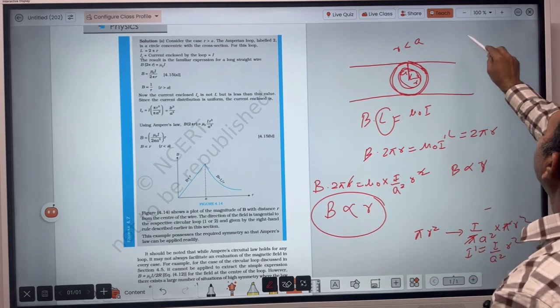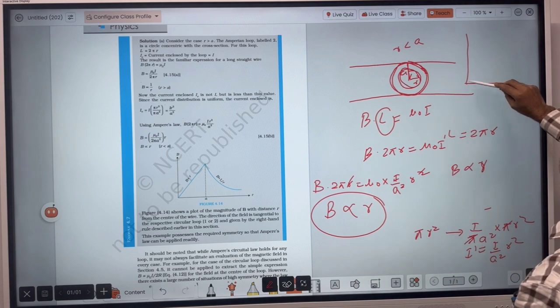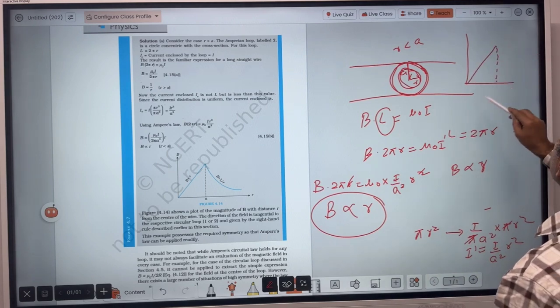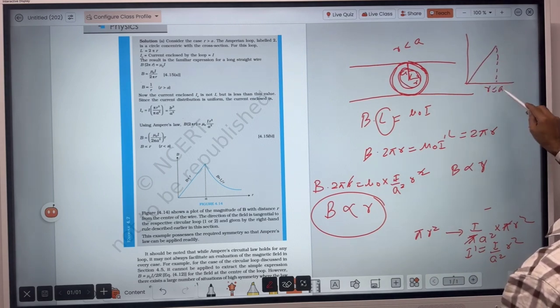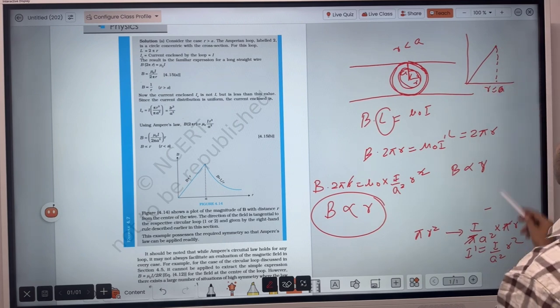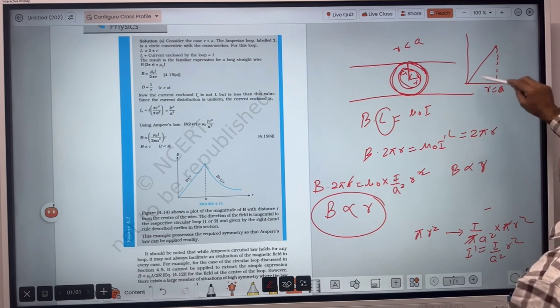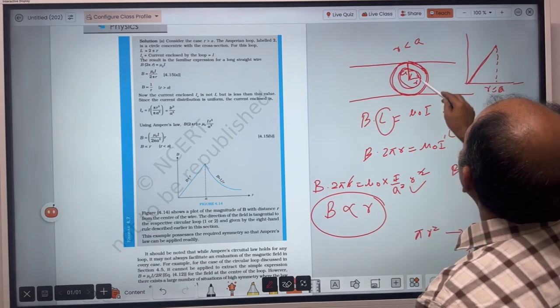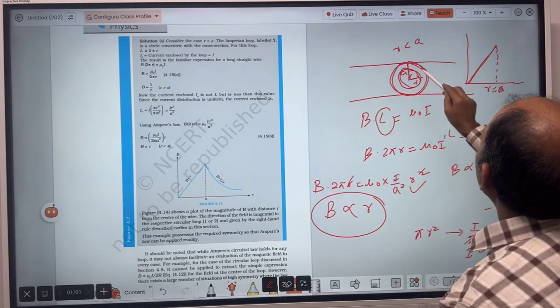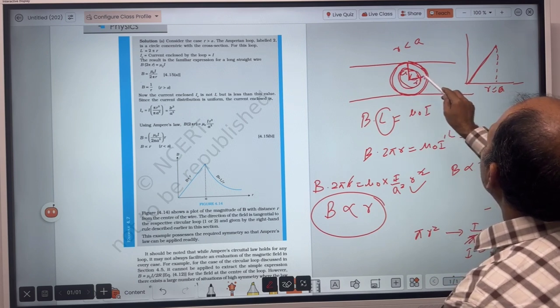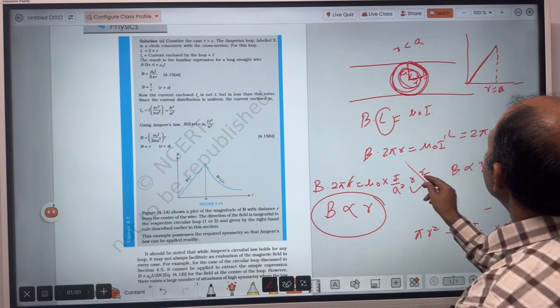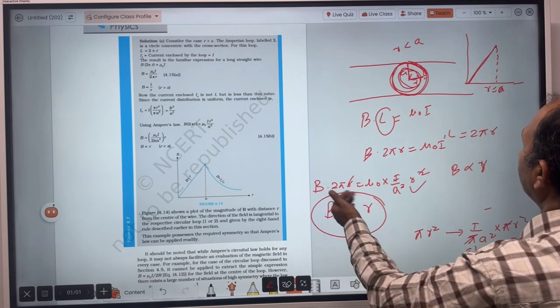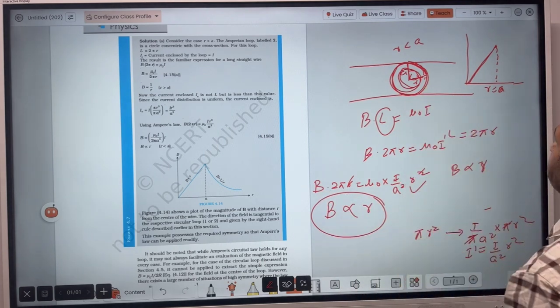If we plot the graph for inside, it will be a straight line till we reach the surface. When small r equals small a, after that point the situation will change, the graph will change. So we have analyzed till the point r equal to a, right? Any point you can take inside, the situation will remain the same, or you can say B will be directly proportional to radius.